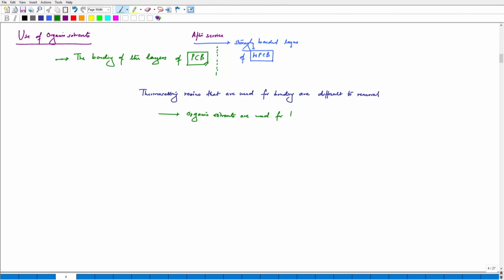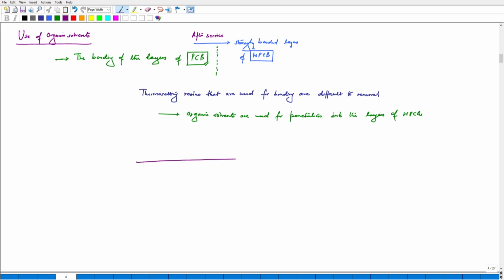Organic solvents are used for penetration into the layers of WPCBs. Now we'll draw the diagram to understand this better.